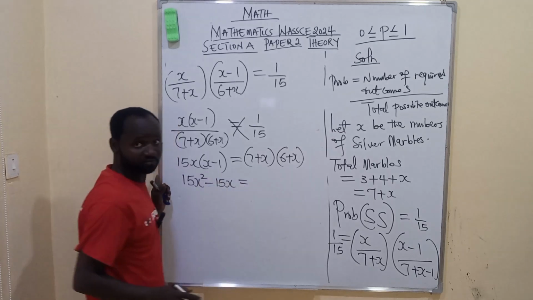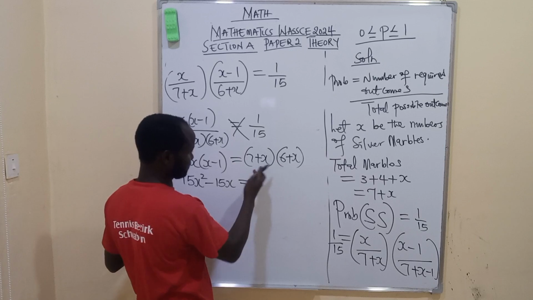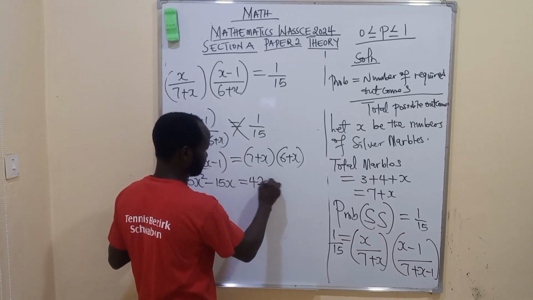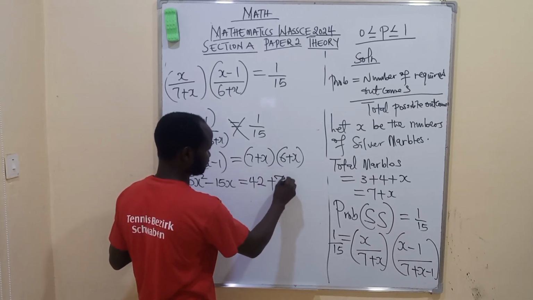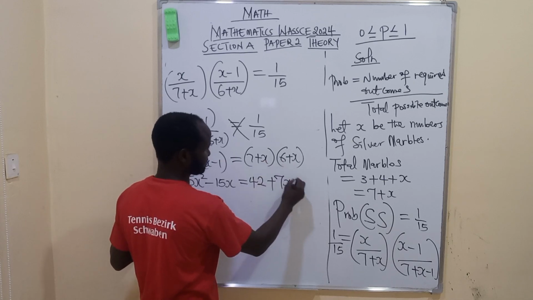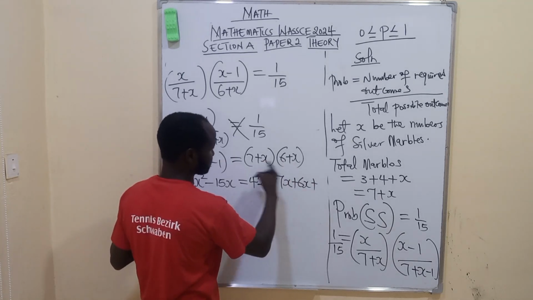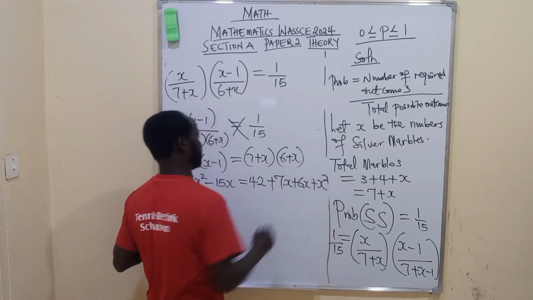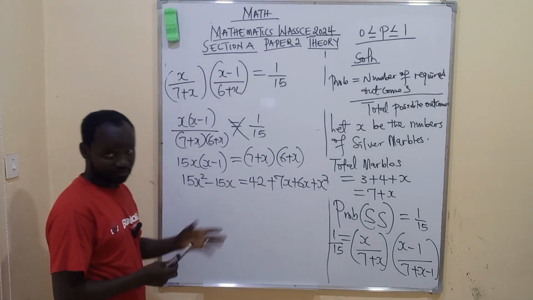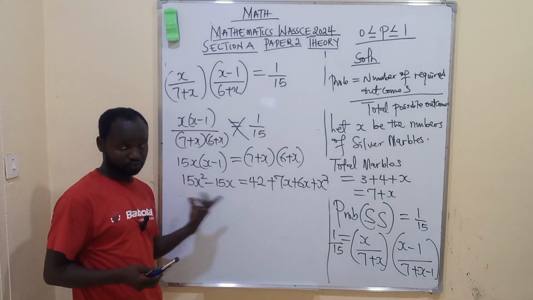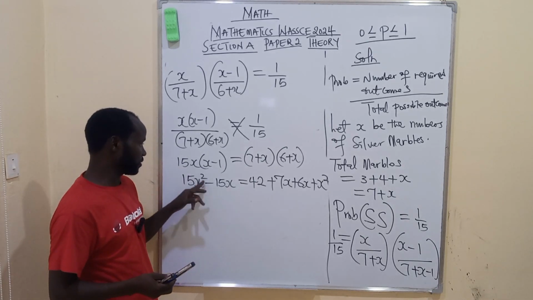This will be equals to, let's expand. 7 times 6, that will be 42, plus 7 times x, that will be 7x. X times plus 6, that will be 6x, plus x times x, that will be x squared. So, of course, this will lead to a quadratic equation because the leading power is 2.